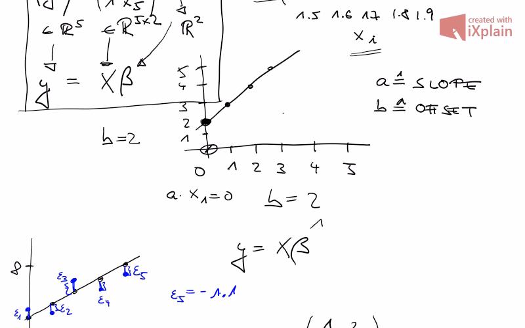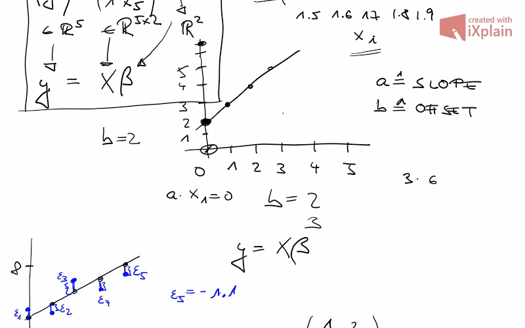Now, if in the matrix you have a 3, then you have 3 times 2, and you end up here at 6.